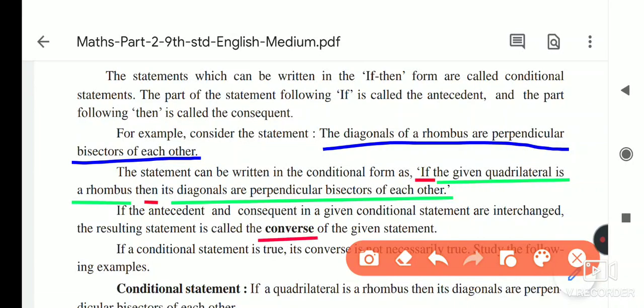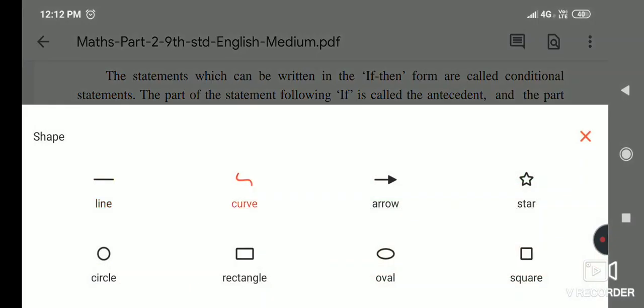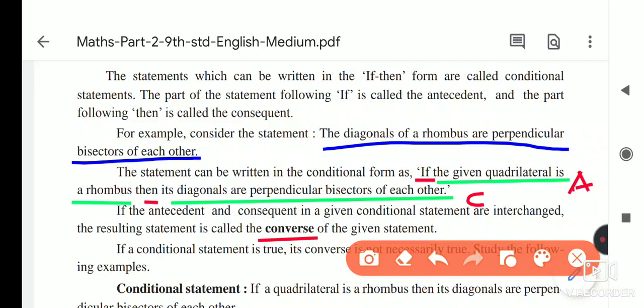Now what is the converse? As I told you before, the part which follows if is called the antecedent, and the part which follows then is called the consequent. Now what is the converse?